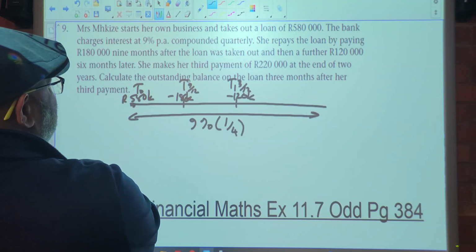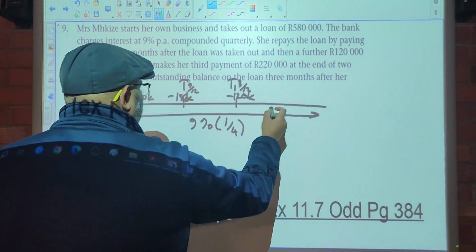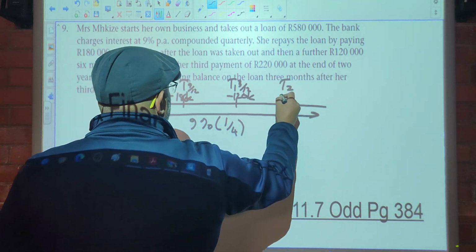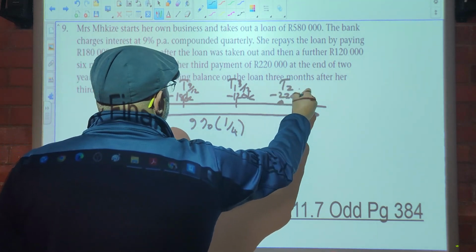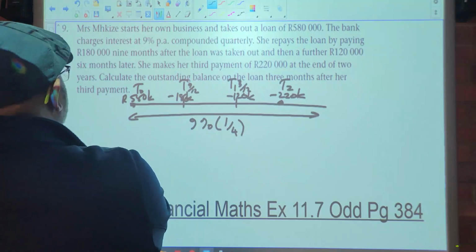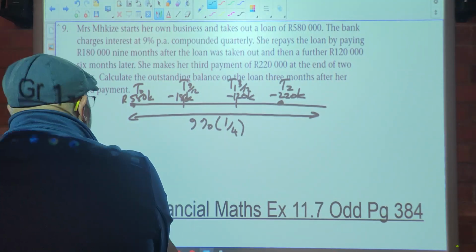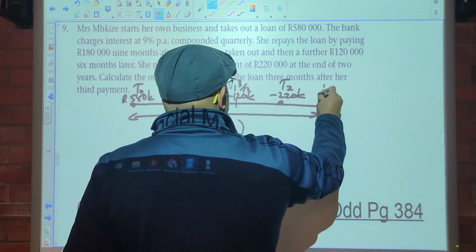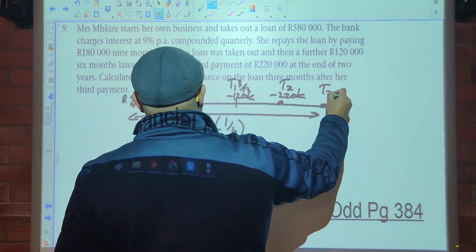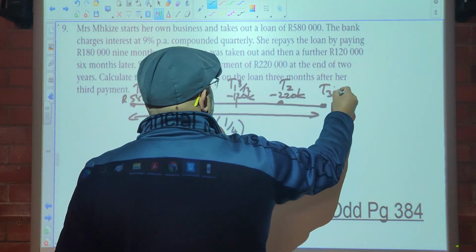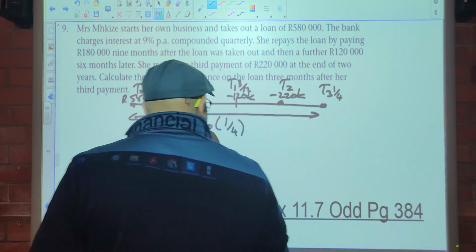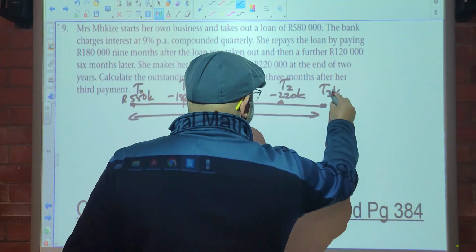She makes a third payment of 200,000 rand at the end of 2 years, and another payment of 220,000 rand. Calculate the outstanding balance on the loan 3 months after the third payment. So that takes you to 2 and a quarter.